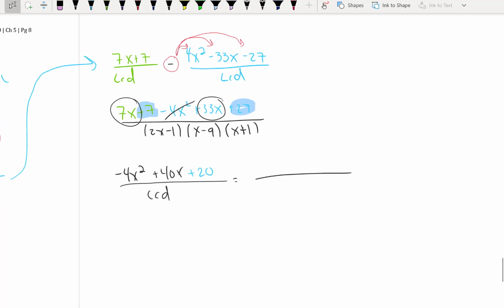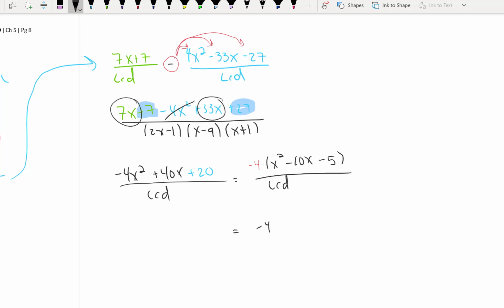Well, I know that each thing in the numerator can be divided out by the GCF, and the GCF is going to be a negative 4. So now I have an x squared minus 10x minus 5. And at the bottom, I still have my LCD.